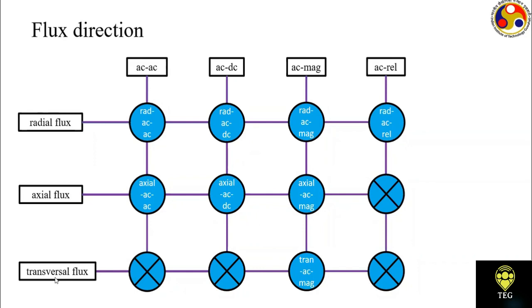Similarly, you cannot have a transversal flux machine where to the stator you give an AC excitation and to the rotor you give an AC excitation. That is not feasible. Similarly, one cannot have a transversal flux machine where to the stator you give an AC excitation and to the rotor you give a DC excitation.